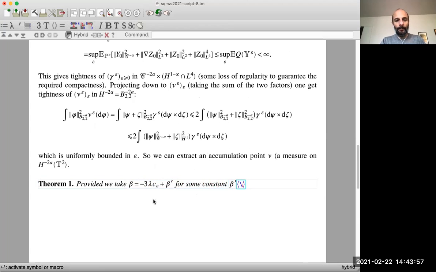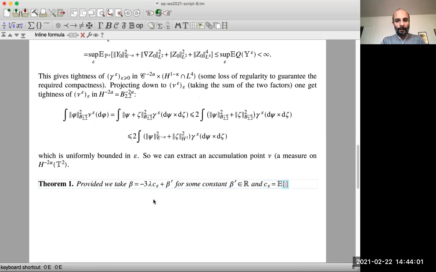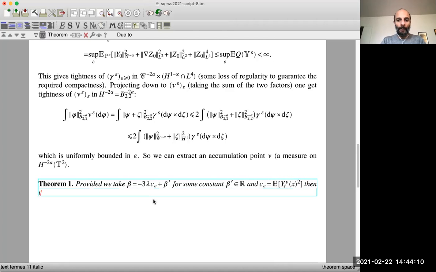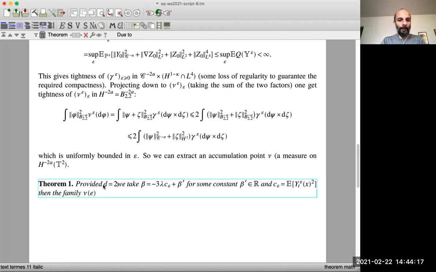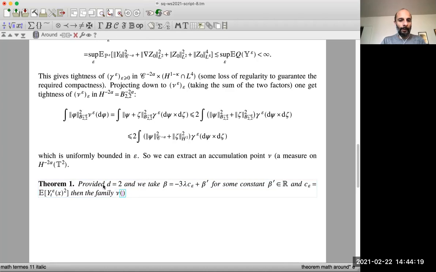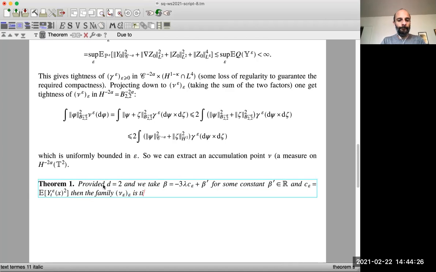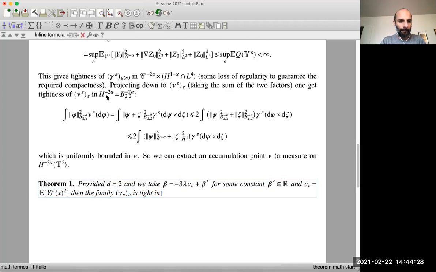Beta prime inner, and C epsilon equal. You see, this was very precise. So this was something like this, then the family nu epsilon, provided d equal to, and we take the family nu epsilon, is tight in this space.